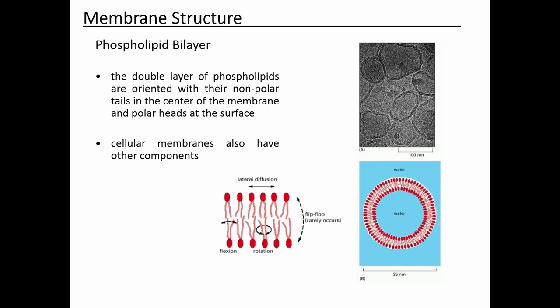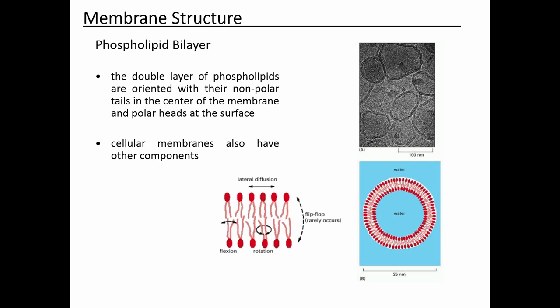Another movement that phospholipids can make, but this rarely occurs, is called a flip-flop. There are actually special enzymes that will specifically perform this type of movement for the cell. What happens in a flip-flop is that the phospholipid molecule in this layer flips and becomes a part of the other layer.